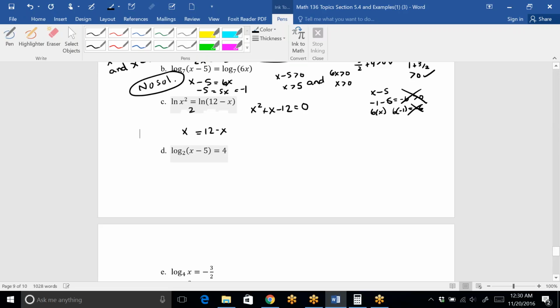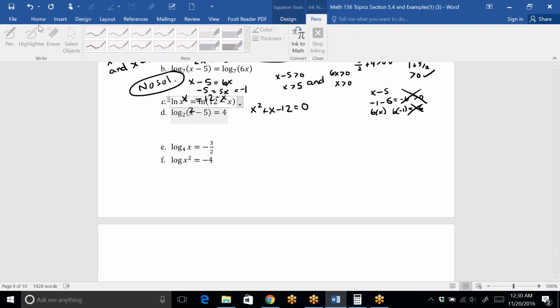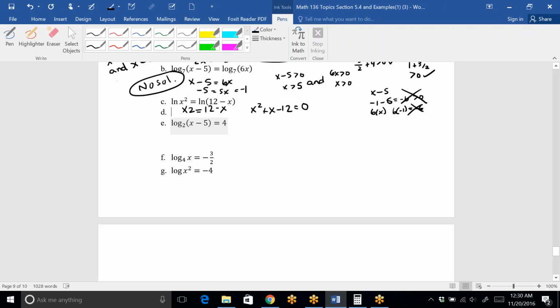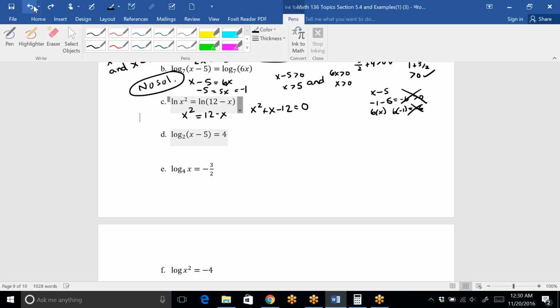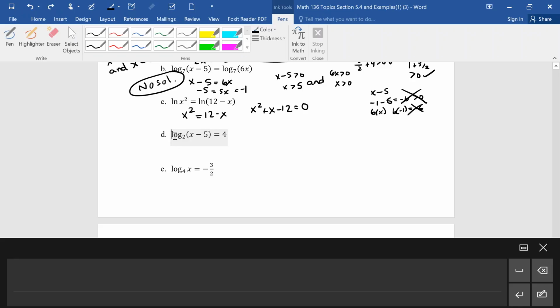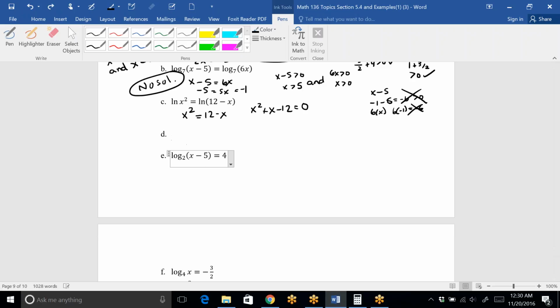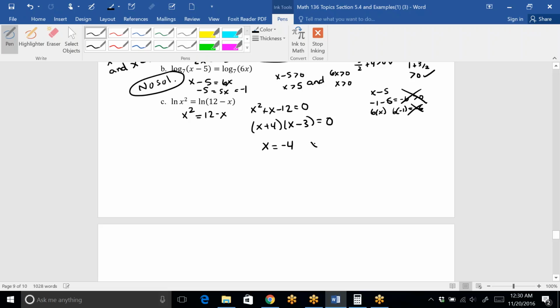Factor. Okay, so when we factor this, this would be x plus 4, x minus 3. So that's x equals negative 4 or x equals 3.